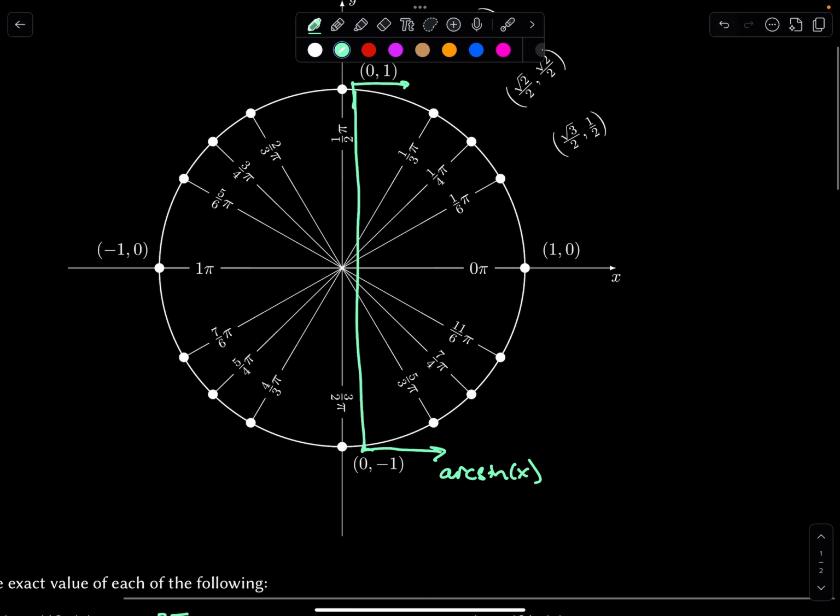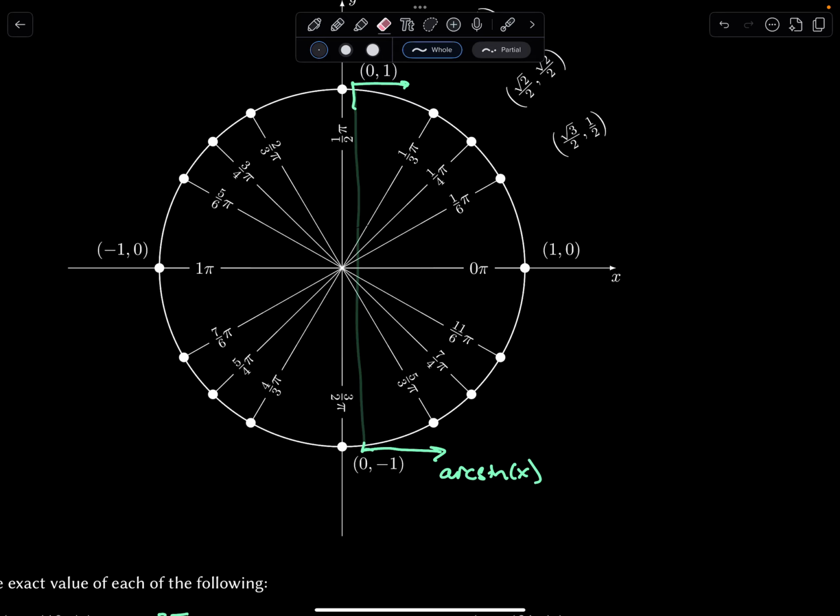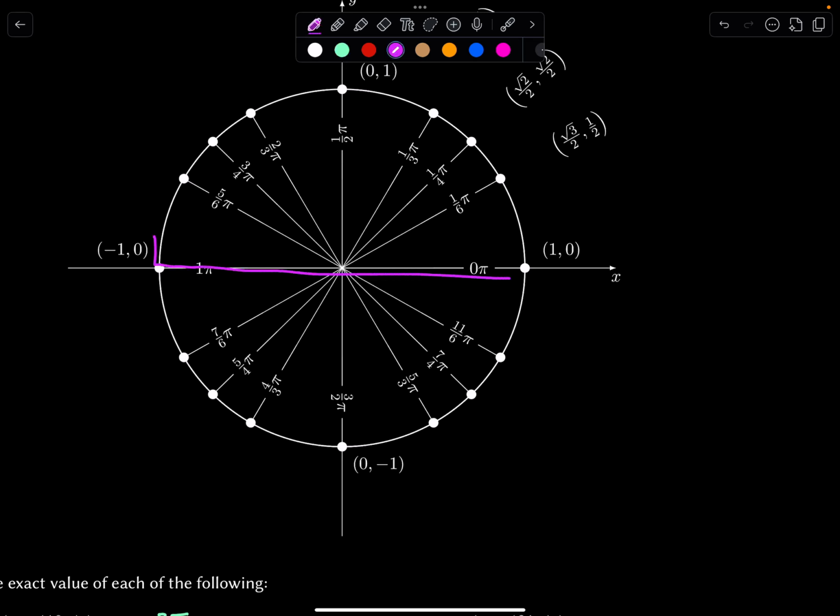So with cosine, arc cosine will always give you an angle that's in the first or second quadrant. It'll be up here. So this is the arc cosine. It's always up there.